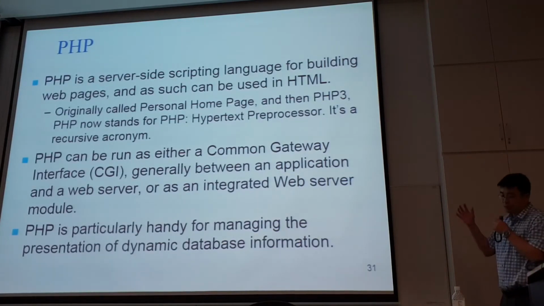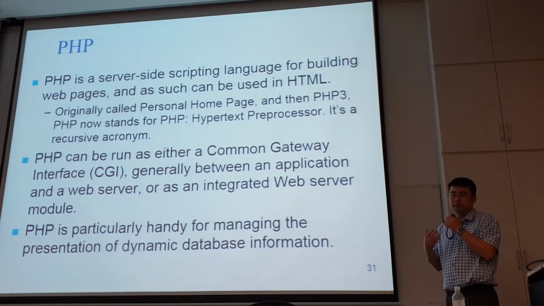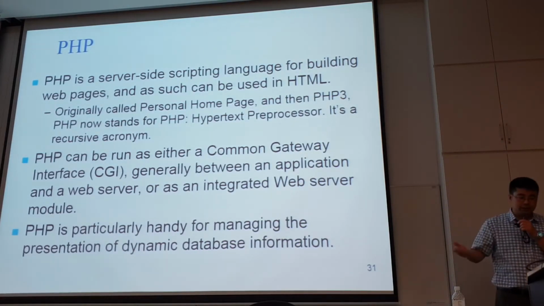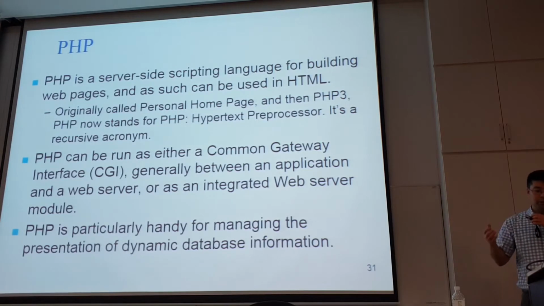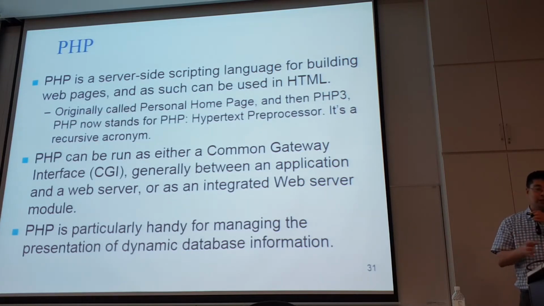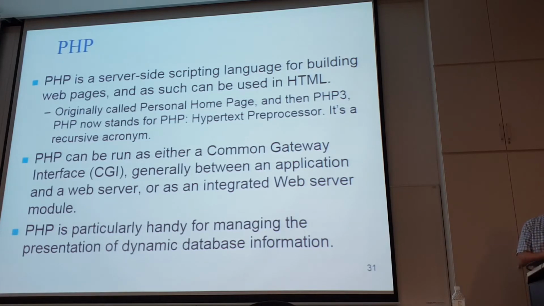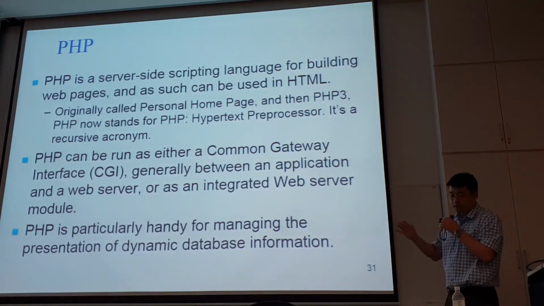JavaScript is a client-side scripting language. That means when you download the web page containing JavaScript, the JavaScript will be downloaded to your local machine, and the browser will ask you whether you want to execute it or not. If you execute it, the JavaScript will be executed on the local machine. In this case, the victim is the web client. On the other hand, we also have server-side scripts.